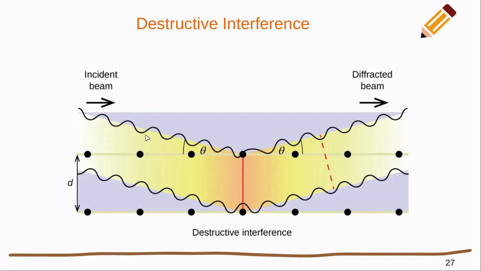Similarly, you could have destructive interference. So if you didn't have this angle correct here, then it would diffract off with destructive interference, and you'd get a weaker signal because these guys are not aligned the way that they need to be in order to give you a clear signal up into the machine.